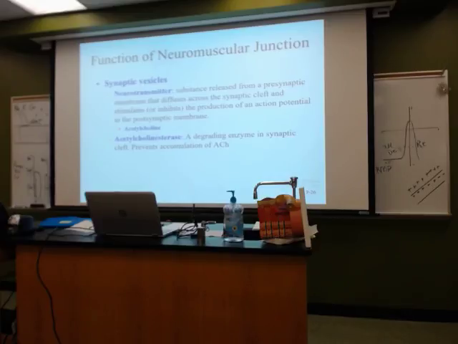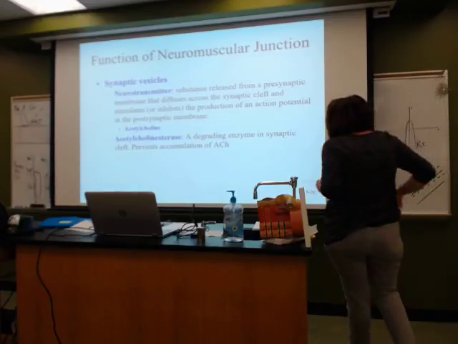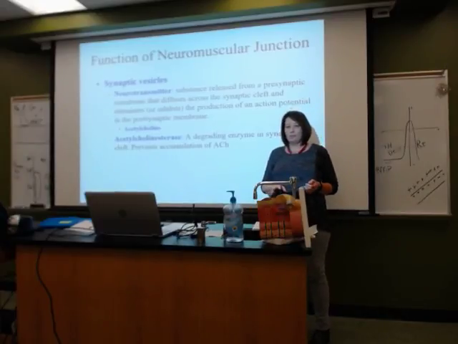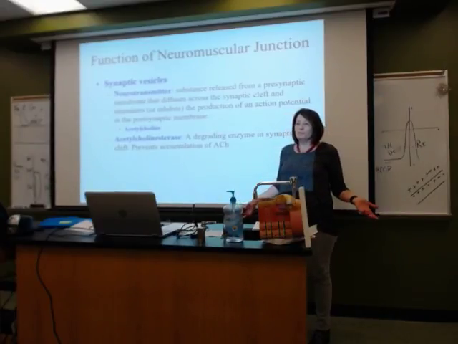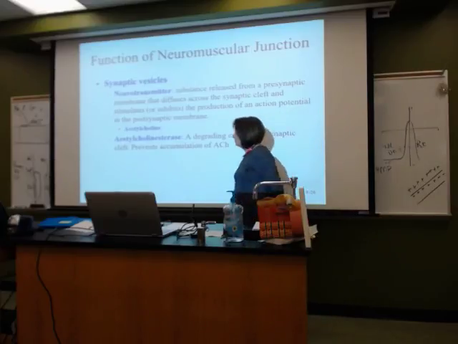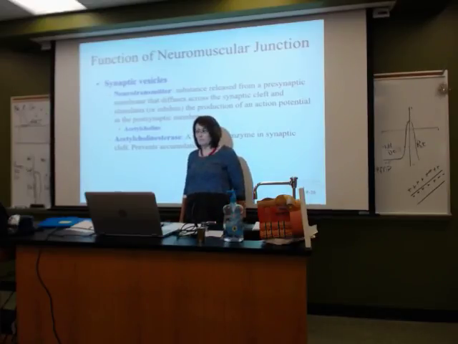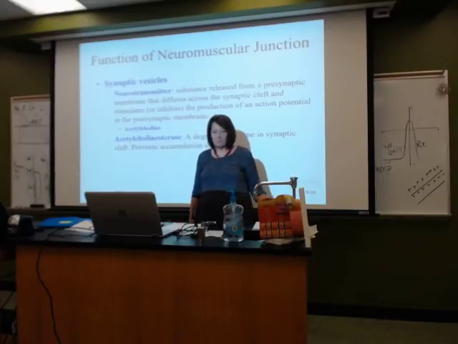So we need to make sure that the acetylcholine that got released gets broken down. So guess what we have? We have an enzyme, acetylcholinesterase. Say that a couple of times, okay? Acetylcholinesterase.